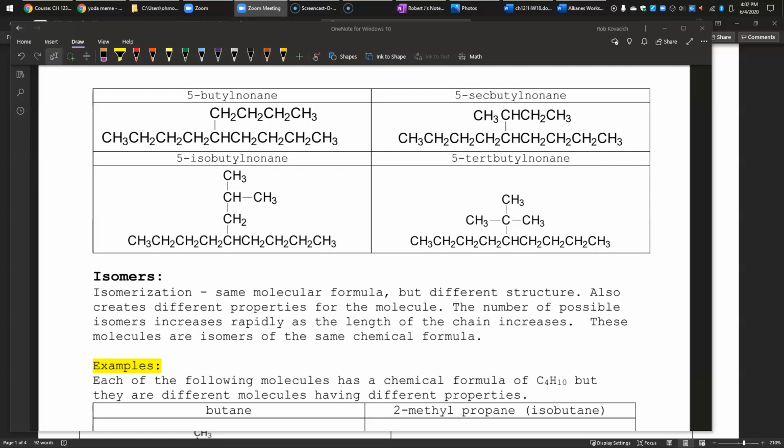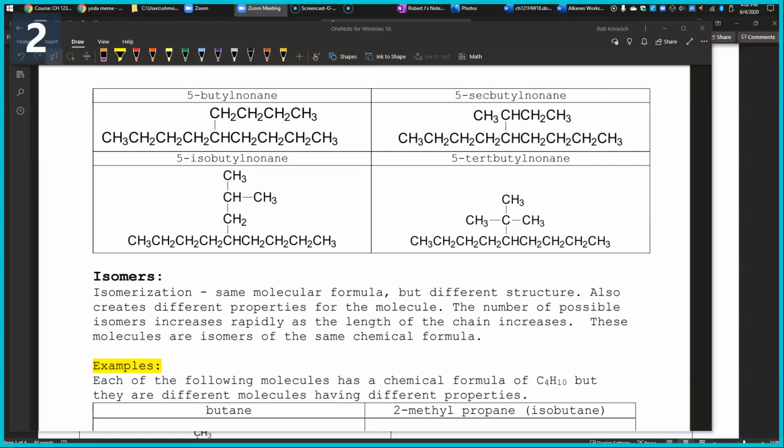Is this a pen? Yes. Is this a pen? Yes. Is it the same pen? Yes. So it doesn't matter what end I connect it to because the molecule itself is completely symmetrical. So you couldn't tell which end it was connected to. It wouldn't chemically react any differently, so it can't have a different name.